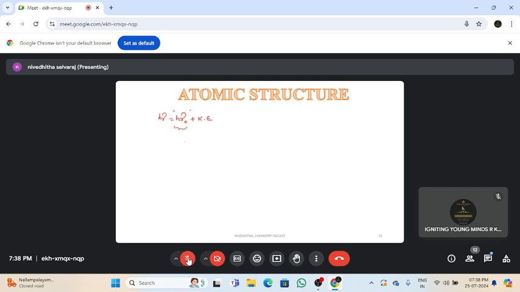It is work function. So h nu is the energy of the incident light, and h nu naught is the threshold energy, also called the work function, plus kinetic energy. And the formula of kinetic energy is half mv square.